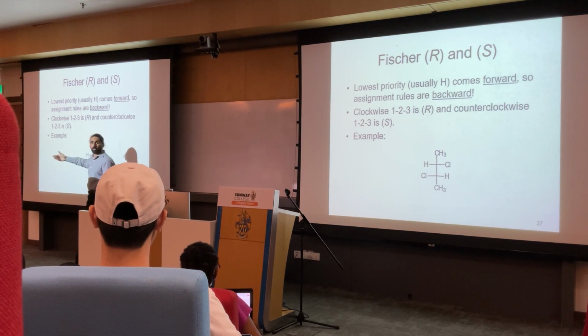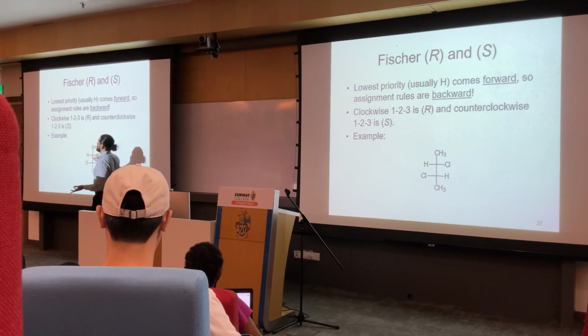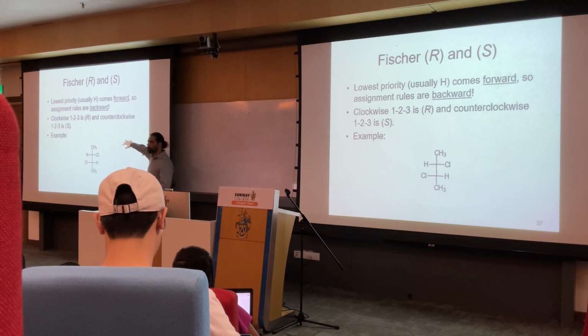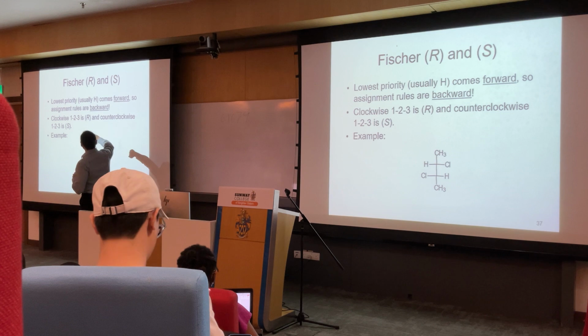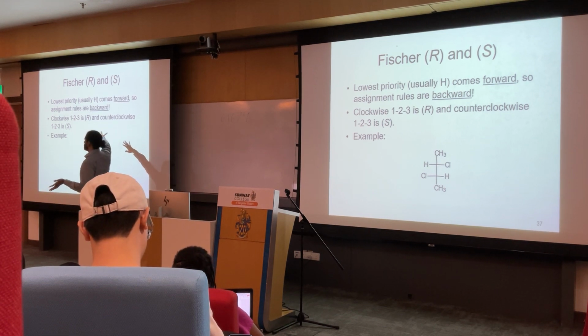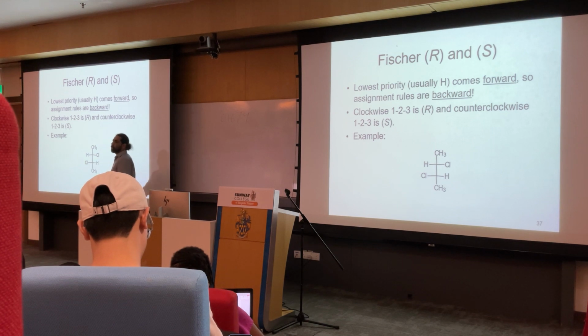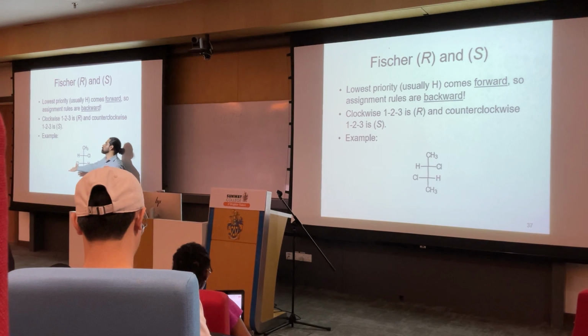But hydrogen is horizontal, that means outside the plane, so you'll have to reverse your answer. So this will be an S. So in a Fischer projection, you can simply remember that clockwise is S and anti-clockwise is R. Because hydrogen will almost never be vertical, it will always be horizontal.